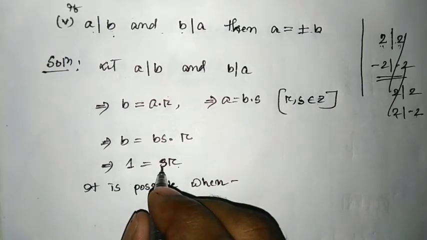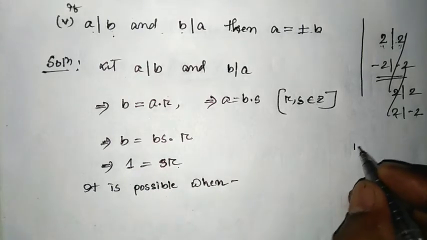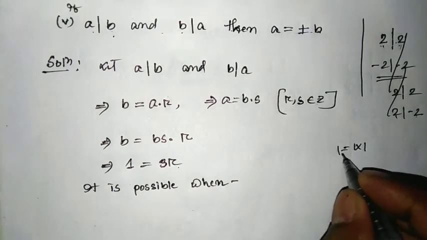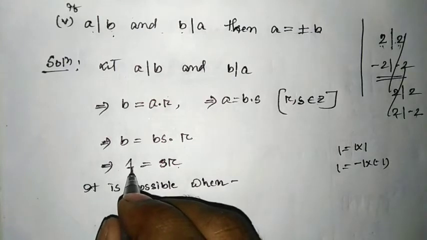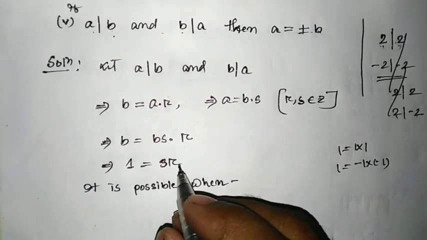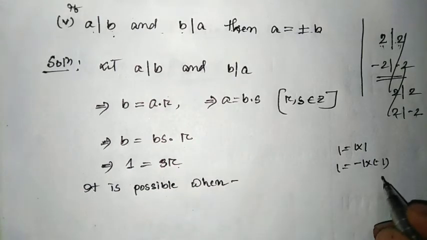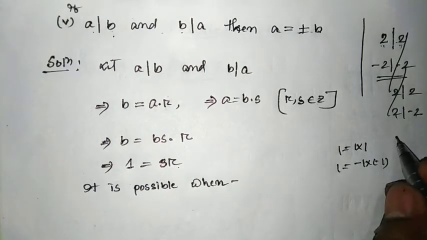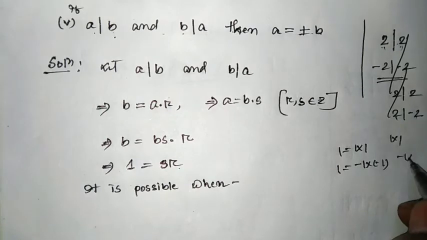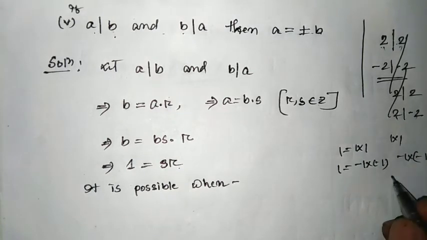When is it possible? Either S should be equal to 1 and R should be equal to 1, that is 1 into 1 is equal to 1, or minus 1 into minus 1 is equal to 1.